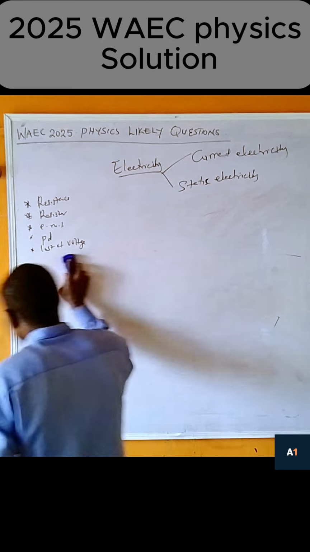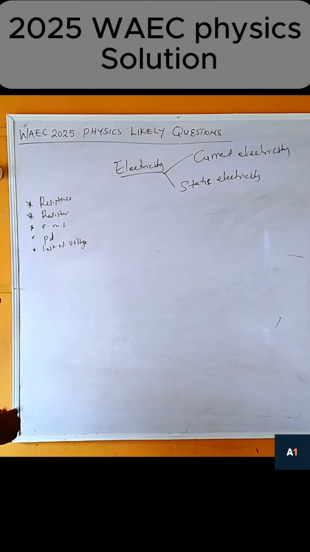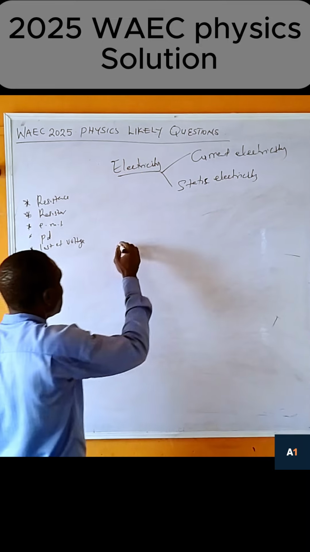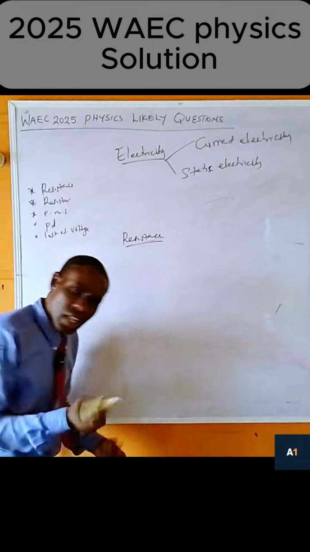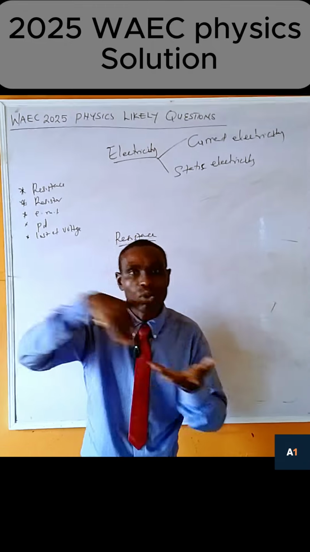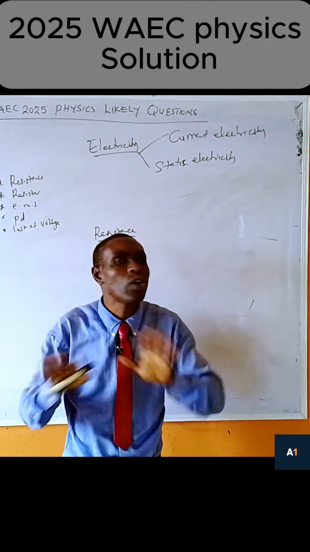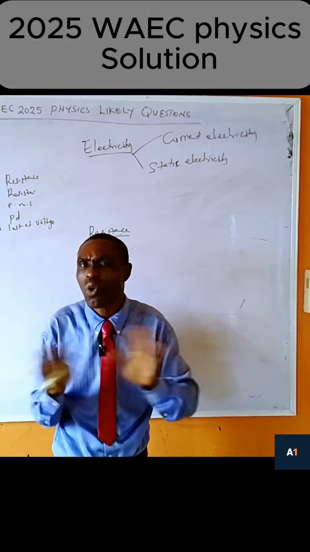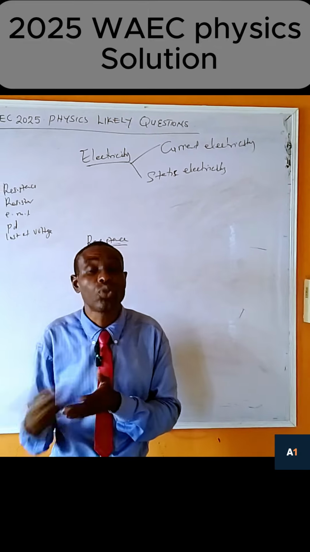Before I go further, let's talk about the word resistance. If you look at your tap, you can control the amount of water flowing, or you stop it so the water will not come at all. That is what a resistor does.